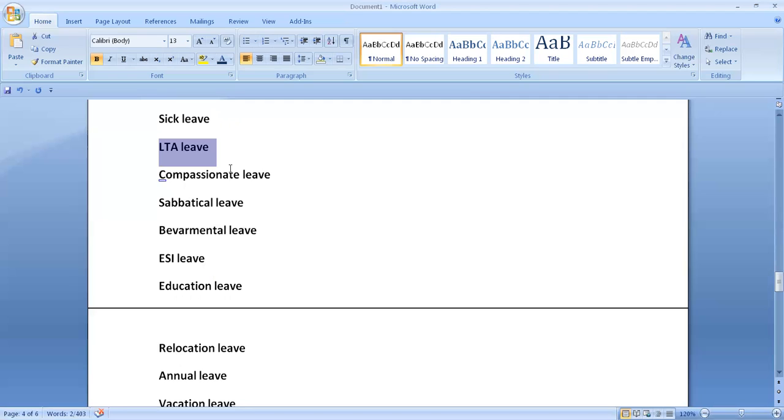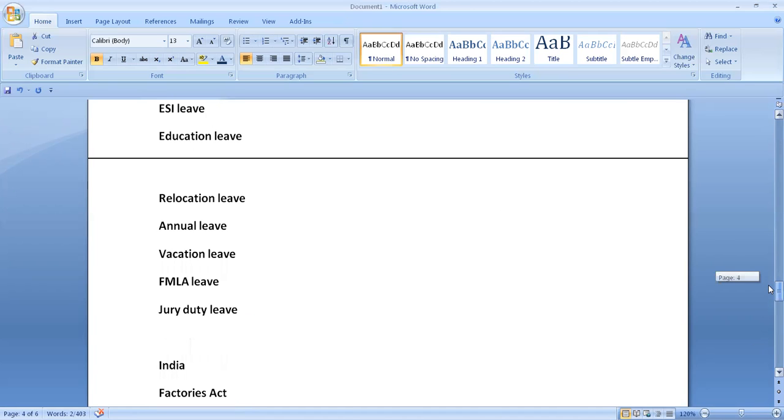It is maintained as part of remuneration to provide for travel expenses incurred during that year. And other things, we have annual leave and other types of leaves we can talk about. Annual leave, for example, is not specifically defined, but it can be maintained for up to 2 weeks by the company.